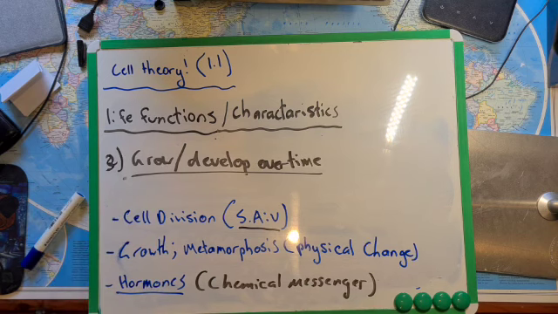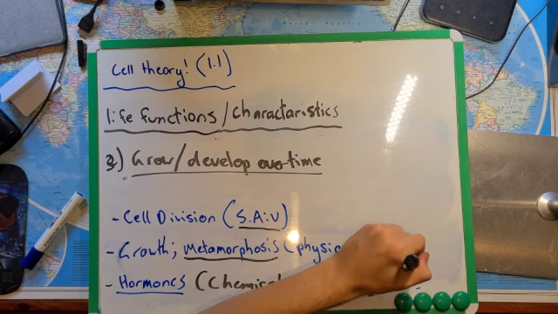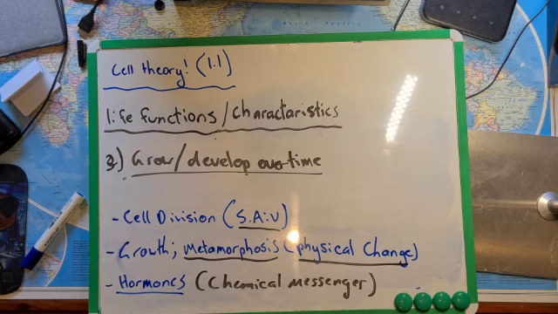An example of growth within an organism is metamorphosis. We know with caterpillars transforming into butterflies, this is a physical change, and it's an example of how organisms can grow and develop over time along with cells.